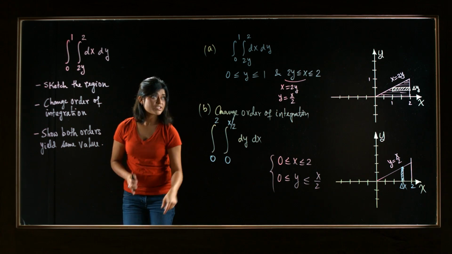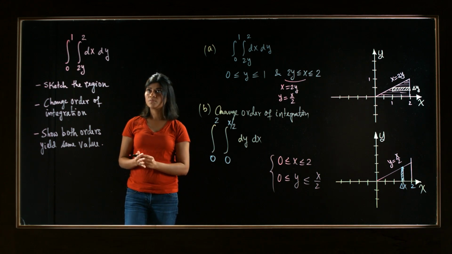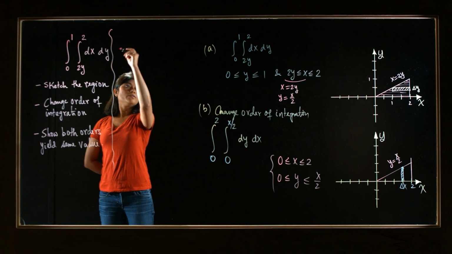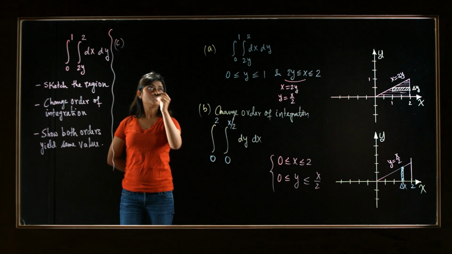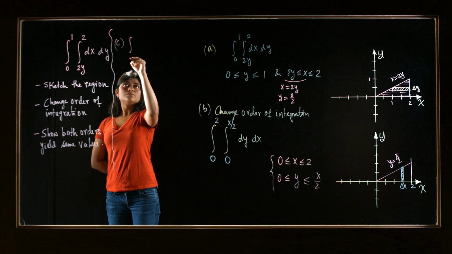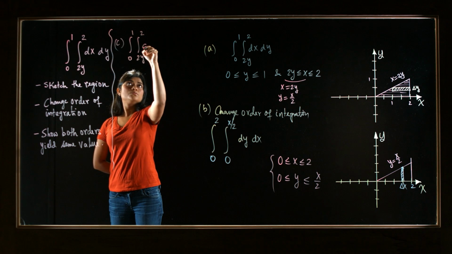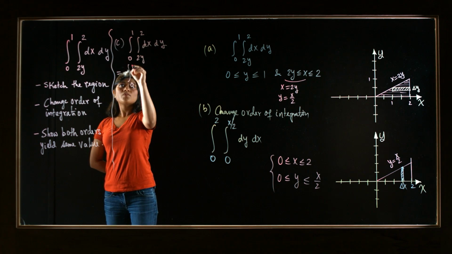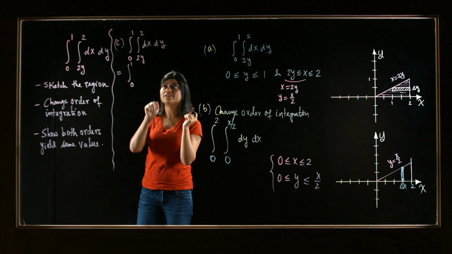Finally, we just have to solve them and see if we get the same answer or not. Let us start with the first one. This is part C. We are solving both integrals. So we have 0 to 1, 2y to 2, dx dy. Ignore the outside integral. First, just evaluate the inside.